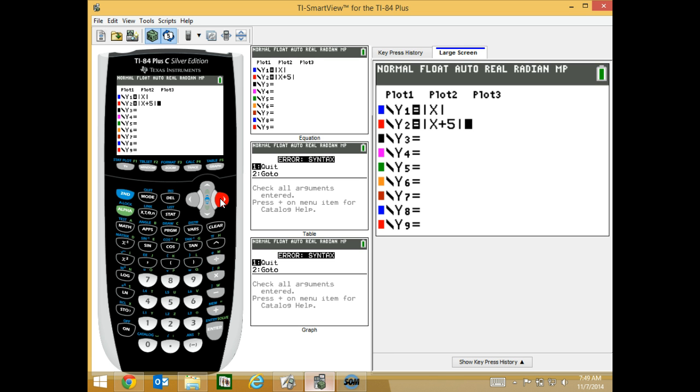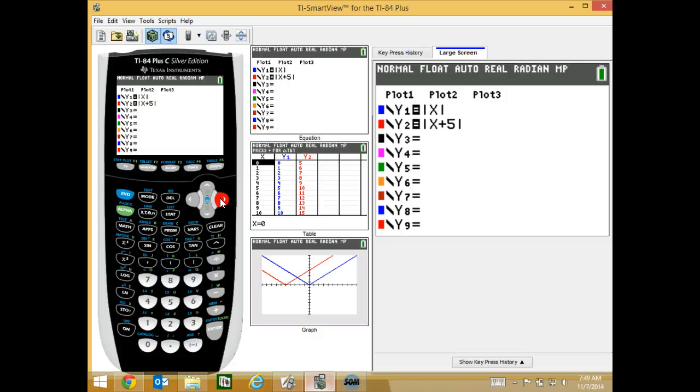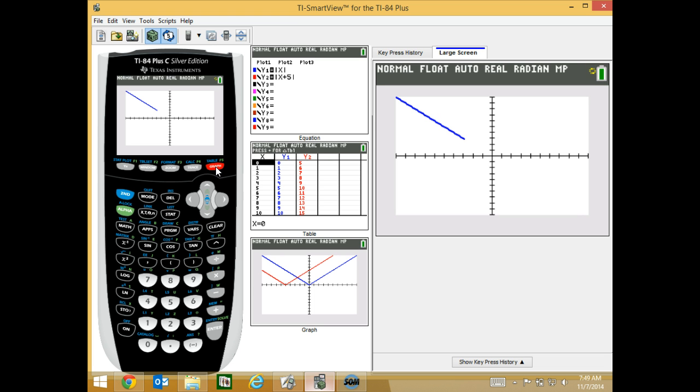What does that plus 5 do inside that absolute value? When we hit graph, we'll still be on the standard window. When we hit graph, there's the first parent function, and then the second one.